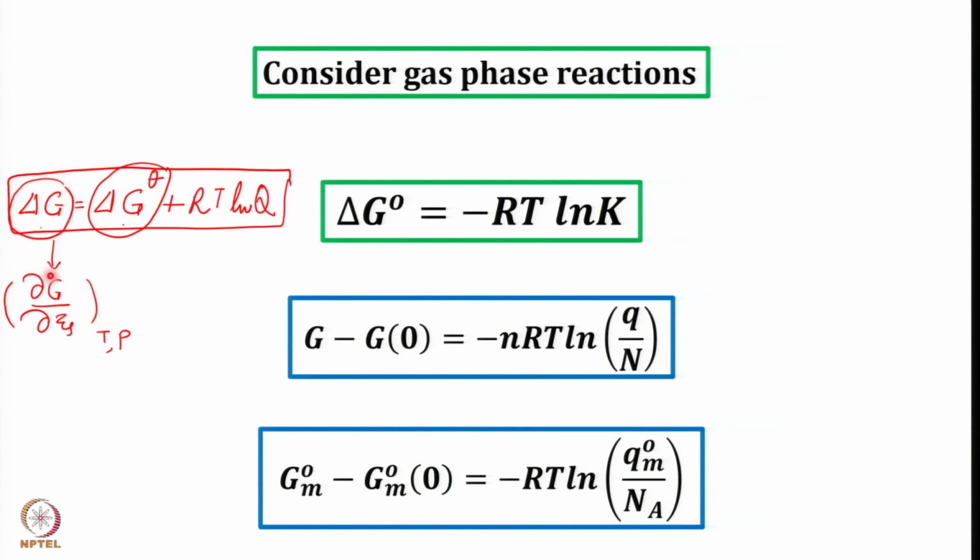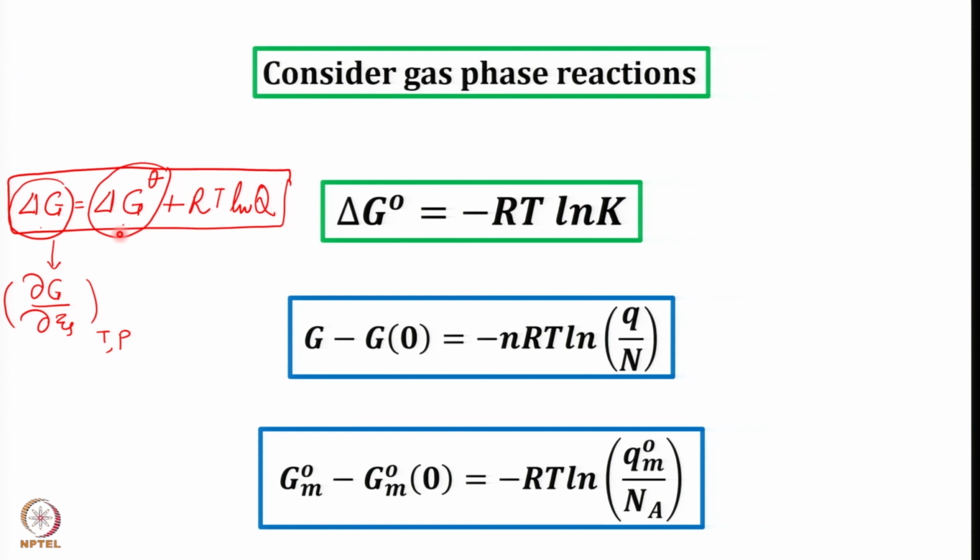This slope is 0 and Q is equal to K. So when you rearrange that, you get delta G naught is equal to minus RT log K. The purpose of this discussion was to again highlight the difference between delta G and delta G naught. These two are not the same quantities, these two are different quantities.